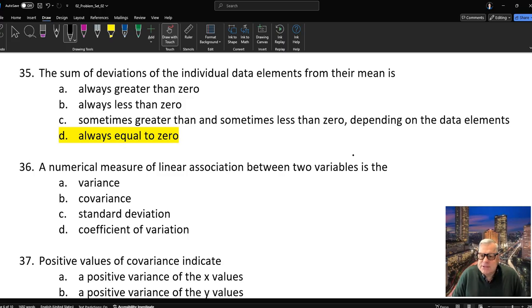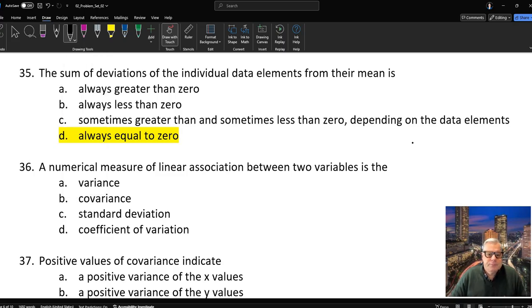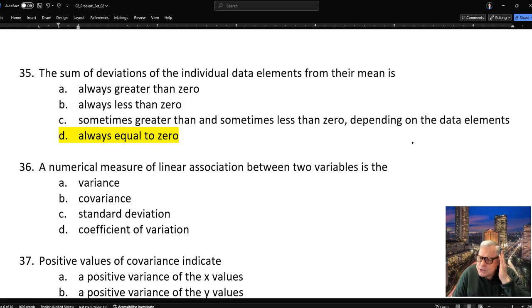So if we have, let's say, data, so what that means is, if we have, maybe that's not the best location, maybe start here.